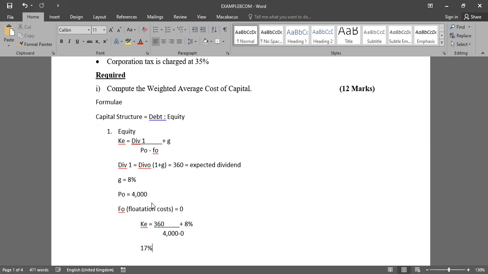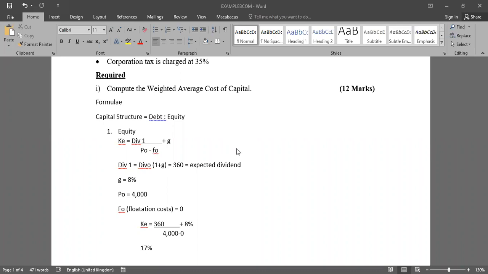Someone asked about the dividend again. For the dividend, we're saying that the formula for equity says that you have div1 over P naught minus F naught, the whole thing plus G. Now div1, I already said, is the same as expected dividend.